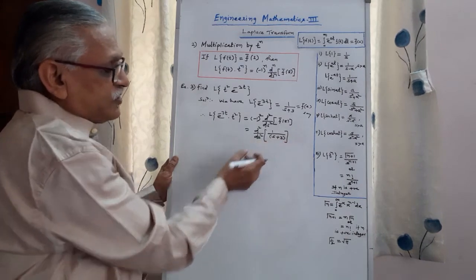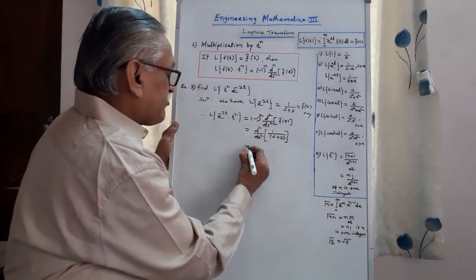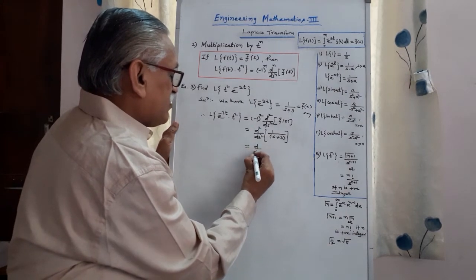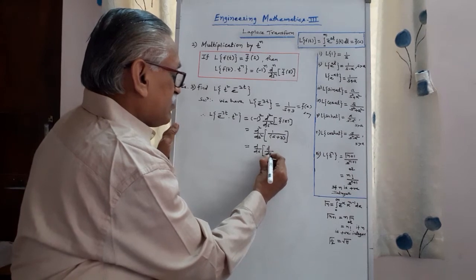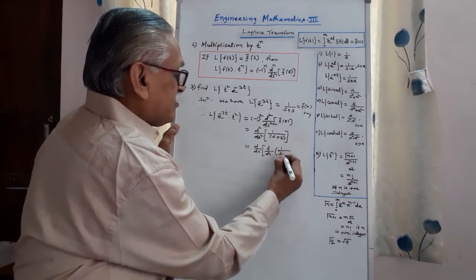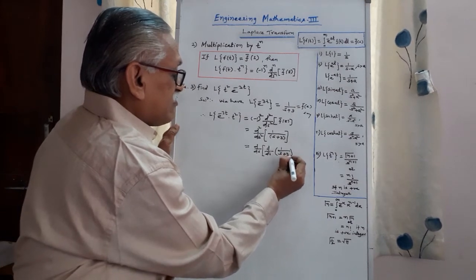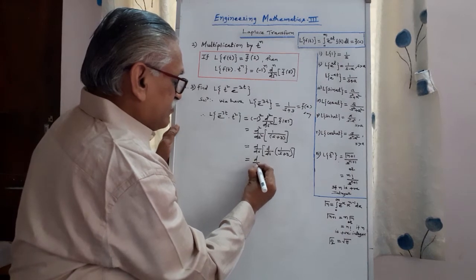This term we have to differentiate twice with respect to s, therefore I will split it: d by ds of d by ds of 1 upon s plus 3, and the outer d by ds I am keeping as it is.